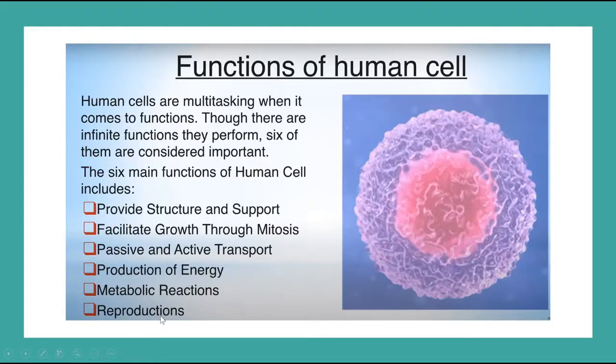And finally, reproduction is the sixth function, which also occurs in two ways, that is asexual reproduction and sexual reproduction. The two divisions that are important here to know are mitosis and meiosis, which we will learn in due course of time in detail.